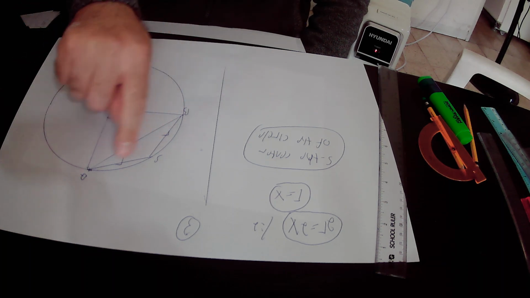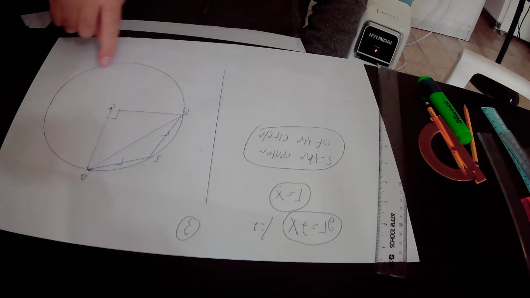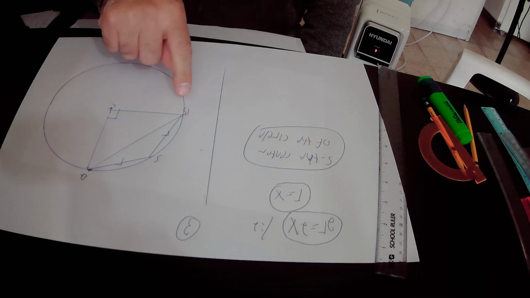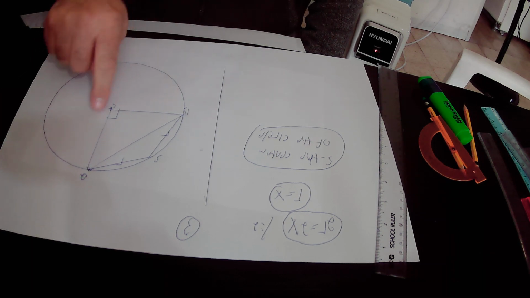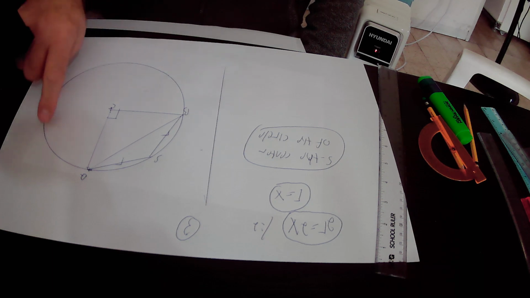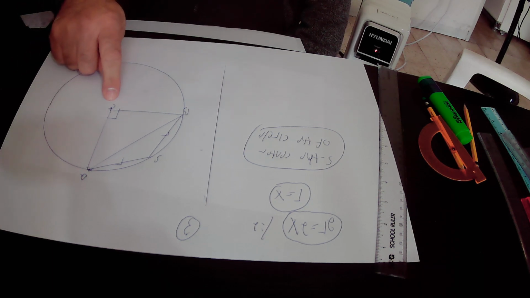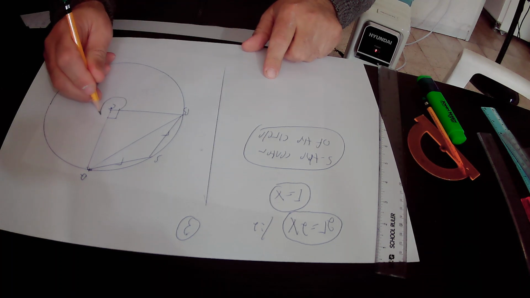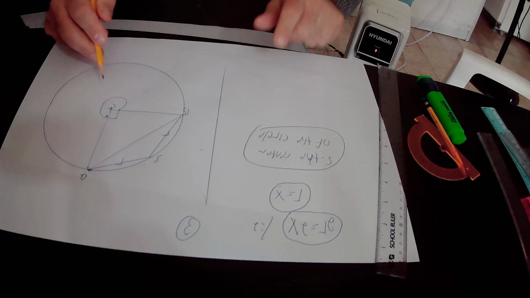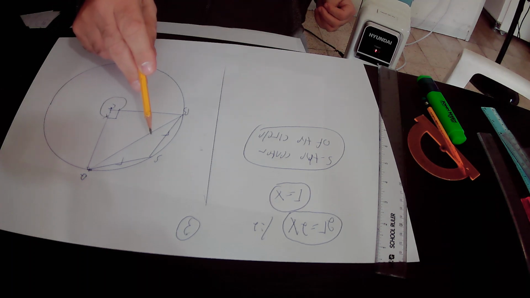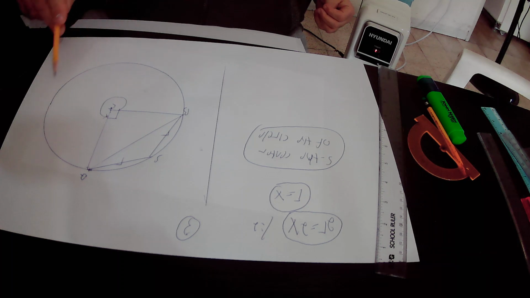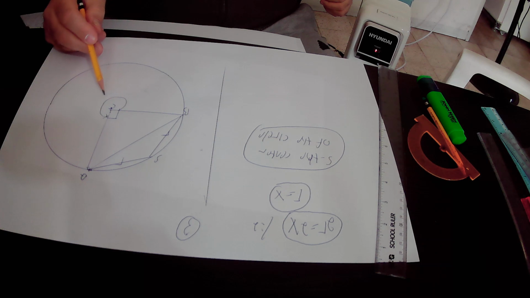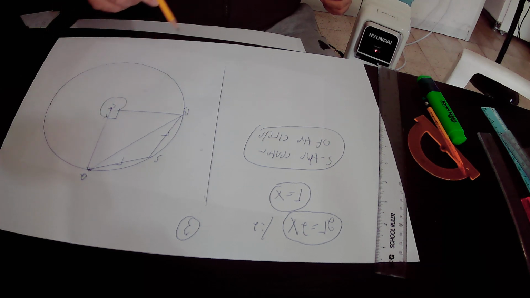Therefore, this central angle BCQ is subtended on the same arc BQ. Therefore, the central angle BCQ must be twice as large as the peripheral angle BSQ that is subtended on the same arc BQ. What is the size of this central angle BCQ?